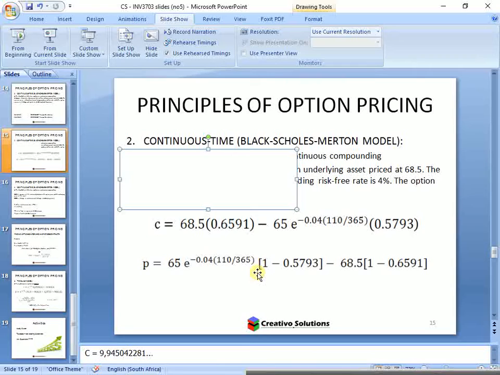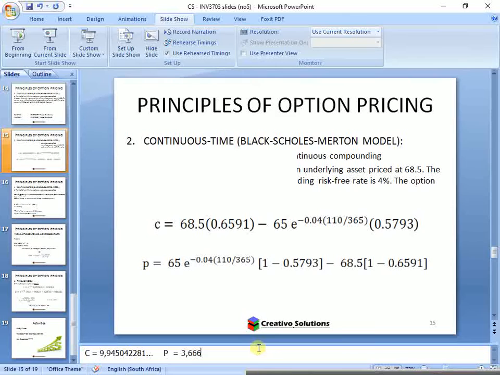Close brackets. Right, that's fine. So now I need to times that by 1 minus 0.5793, close brackets. Then minus, open brackets, 68.5 times 1 minus 0.6591, close bracket, equals, this is 3.666. So the put here, P equals 3.666184554.